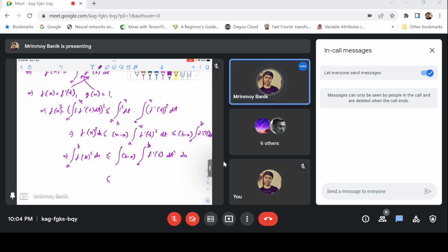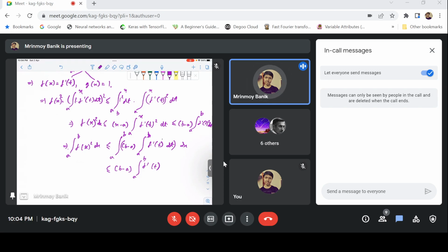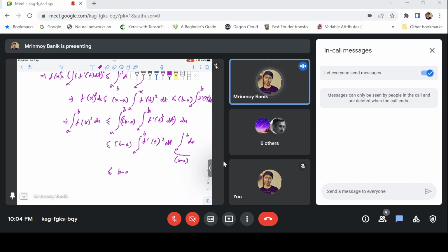This is b minus a times the integral from a to b of f dashed t squared, and the integral of dx from a to b is b minus a. So it's b minus a squared times the integral from a to b of f dashed t squared dt. And the left-hand side is already there. Nice.